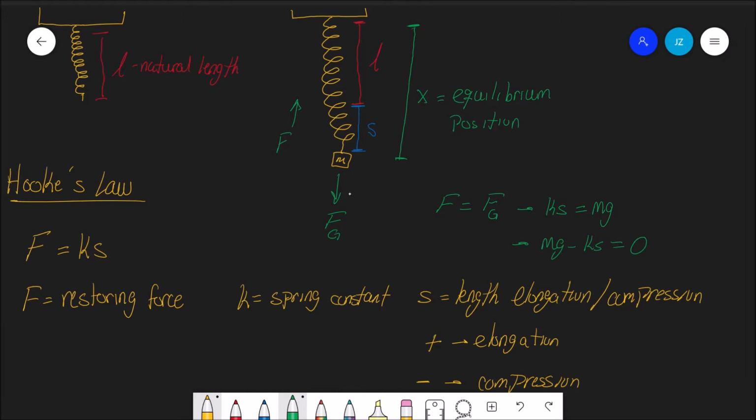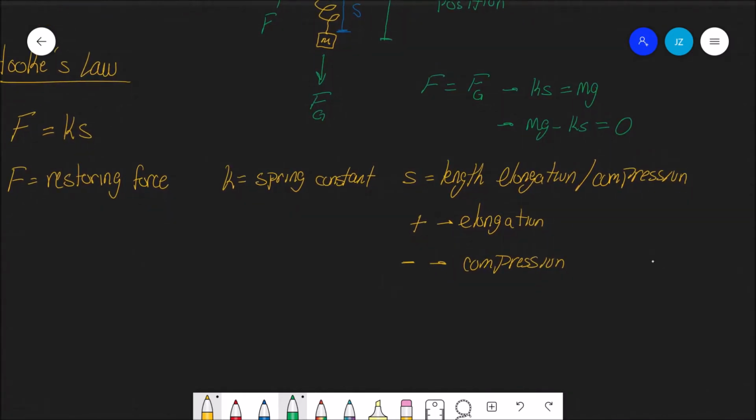So it's going to have an initial displacement and it's going to have an initial velocity. x of t will represent displacement. x naught will be the initial displacement. x equals 0 will represent equilibrium. x greater than 0 will be elongation.